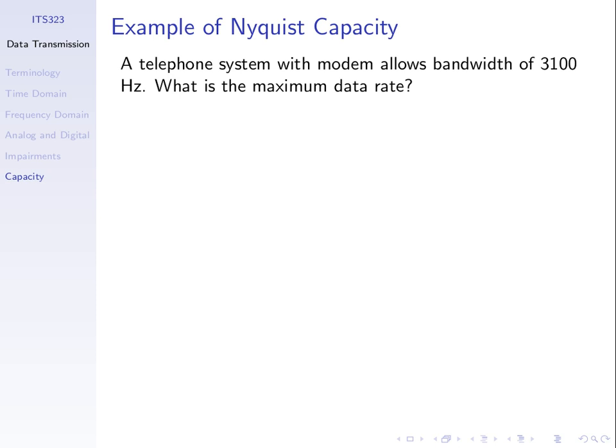The bandwidth is 3,100. Nyquist capacity gives us a relationship between the two. The unknown is M. How many signal levels do you need? What's the value of M? Try and calculate the value of M. Data rate C is 56 kilobits per second, 56,000 bits per second. Bandwidth is 3,100, same as this question. How many signal levels do we need?